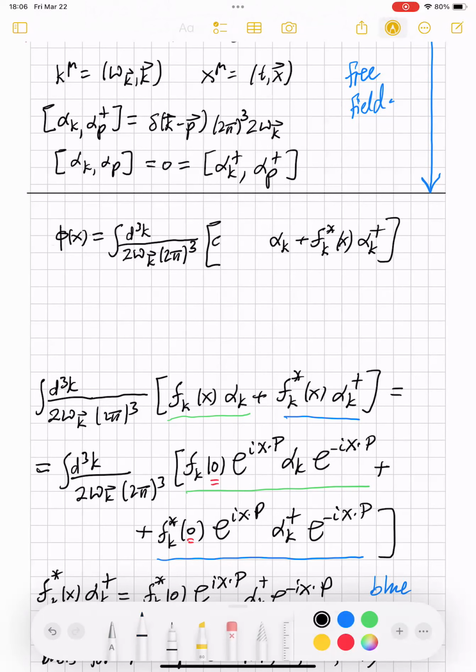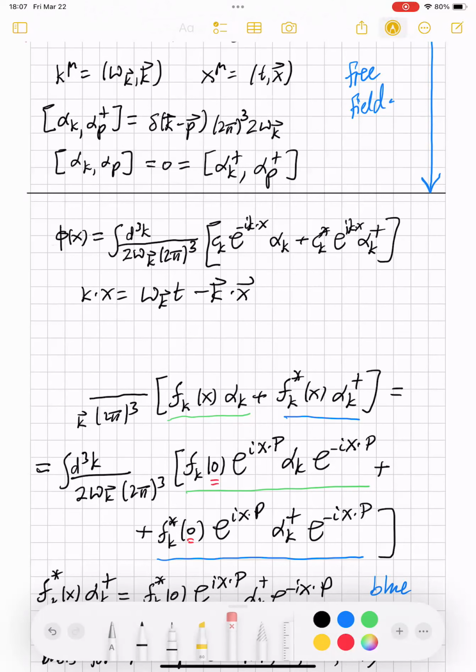There was a constant ck, there was an e to the minus i k dot x, and there was a ck star and an e to the i k dot x. And just to be completely explicit, k dot x is equal to omega k t minus k dot x. Great. Okay, we will continue in a moment.